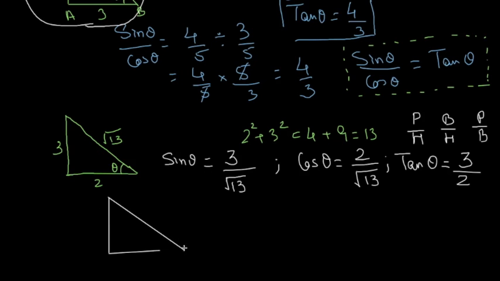Let's make the base a little long. Cool. So our base now is 4. Our perpendicular now is 3. And hypotenuse continues to be 5. So this becomes theta. So what we have done is that we have just rotated the triangle.